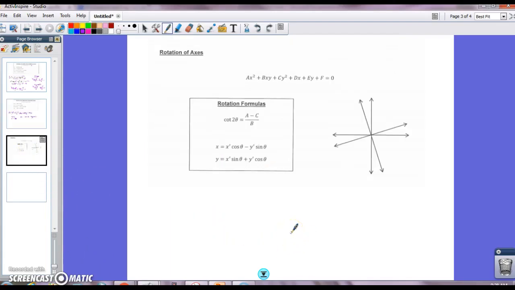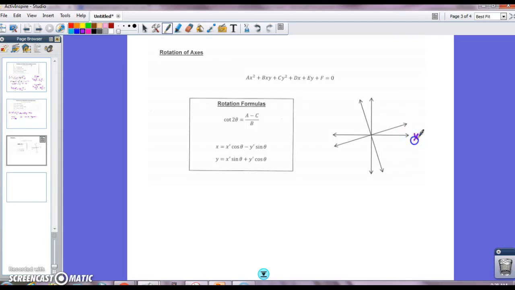Here's the idea. All of the conic sections that we've done so far, we've dealt with horizontal axes, vertical axes, like major axis, minor axis, or your transverse axis, whichever conic section we were doing. We always dealt with everything being vertical or horizontal. What we are going to do now is start rotating our axes.